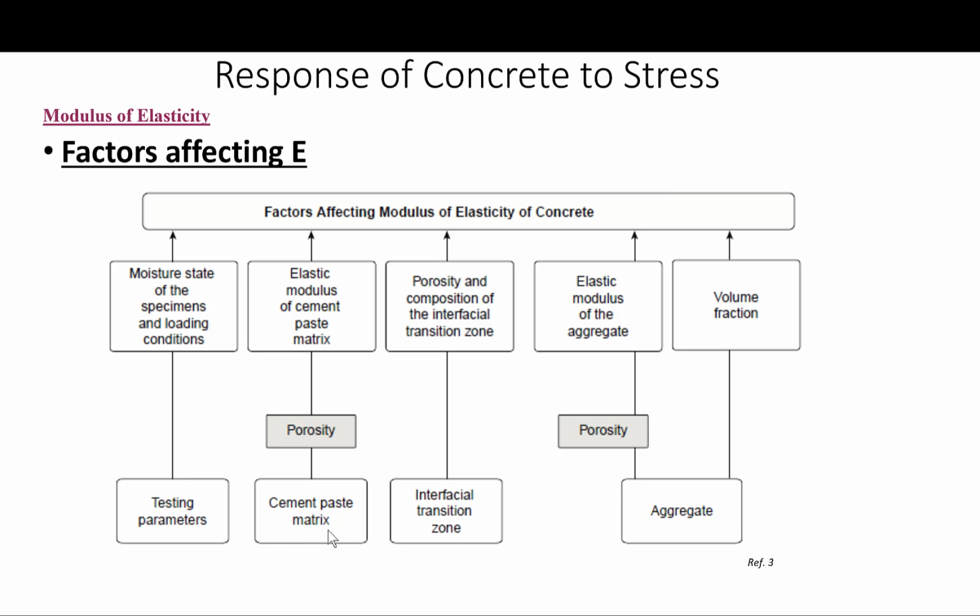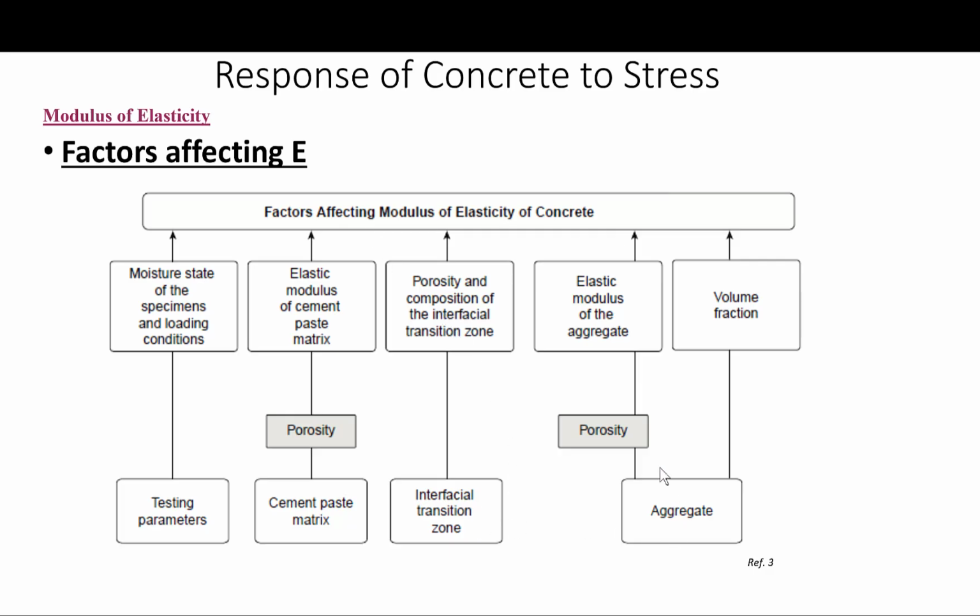For the cement paste matrix, the biggest effect will be the porosity of the matrix itself, and that will affect the elastic modulus of the cement paste, which eventually also affects the modulus of elasticity of concrete.